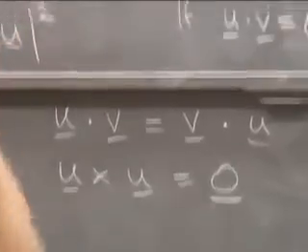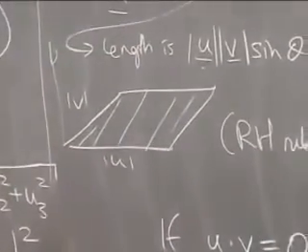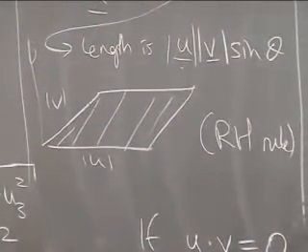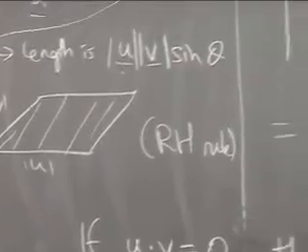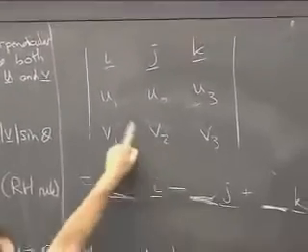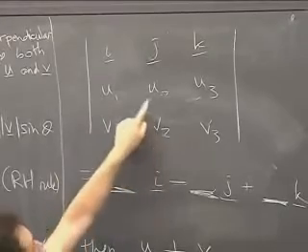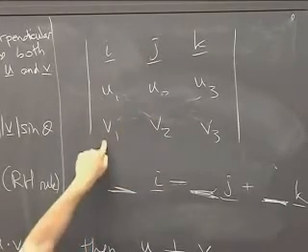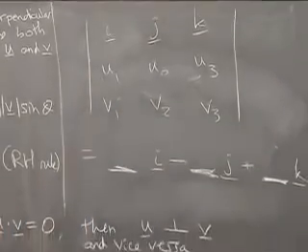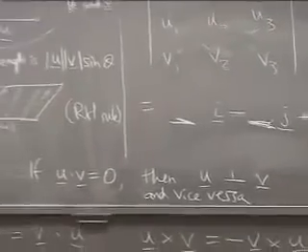If the vector's the same, there's no parallelogram, so the thing has 0 area. Or if you try it in the formula, you'll see everything cancels out. For example, imagine that V is the same as U. Then this would be U1 V2 minus U2 V1, so that would be 0. And the other coordinates would also be 0. So if two vectors are in the same direction, the cross product is 0.